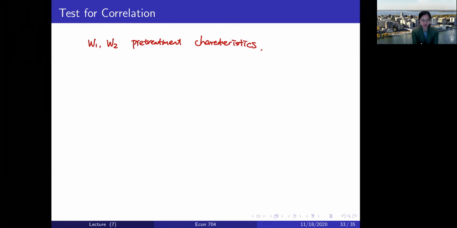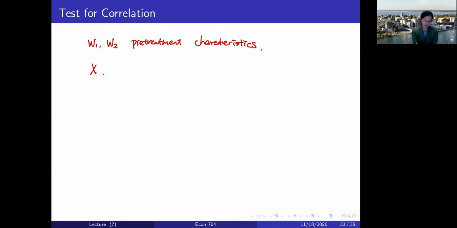So take W1, W2 to be two pre-treatment characteristics, and X is the treatment. Without attrition, there shouldn't be correlation between X and W1 or X and W2. With attrition, if the attrition were random, then there still should not be correlation between X and W1 and X and W2.